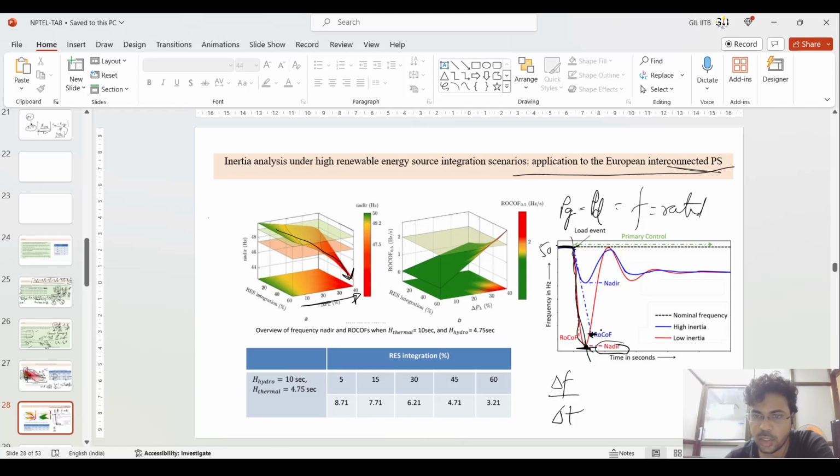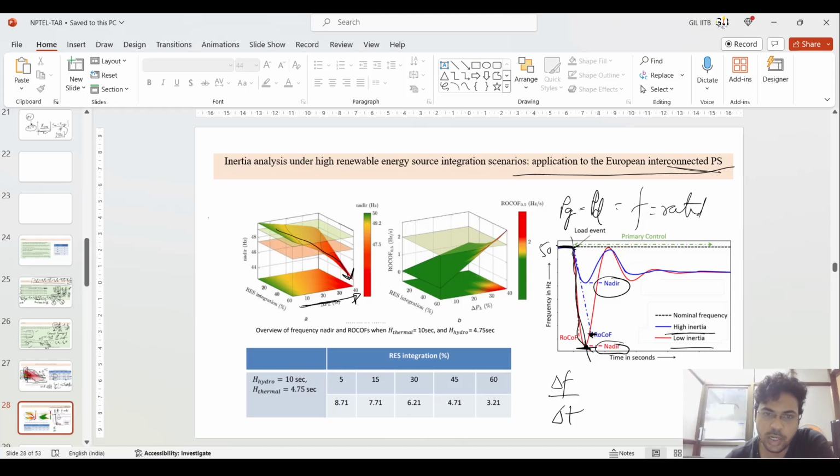And if you see the RoCoF of the second situation also, during this higher inertia, this nadir is higher. The frequency dip is smaller in the higher inertia system as compared to the lower inertia system.